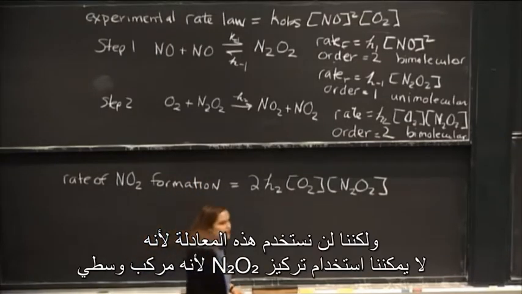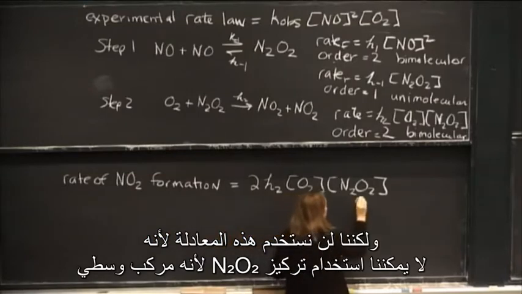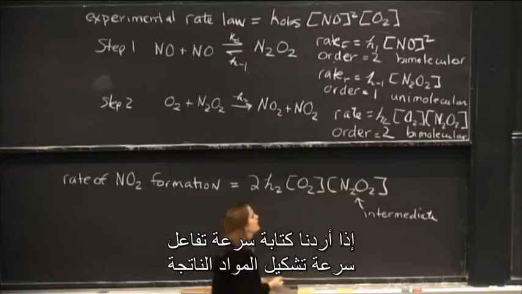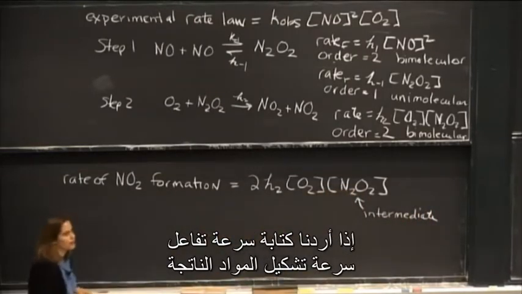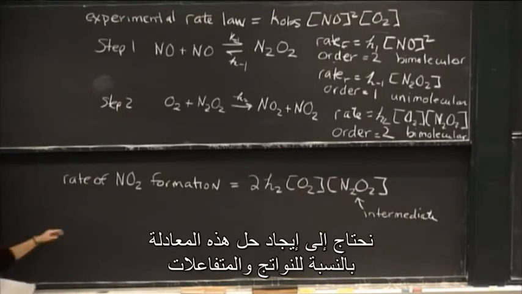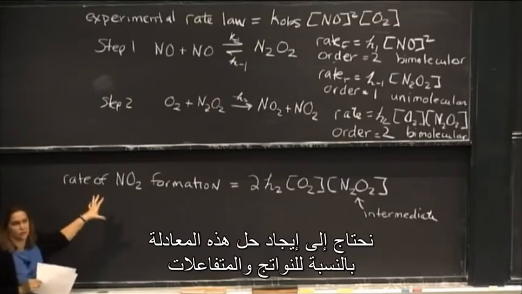But we're not done with this. We can't use this because it has an intermediate term in there. And if we're going to write the rate of a reaction, the rate of product formation, we can't have any intermediates in our equation. We need to solve it in terms of products and reactants.